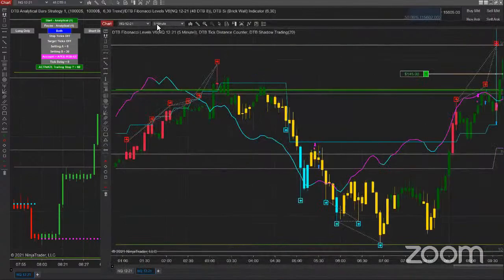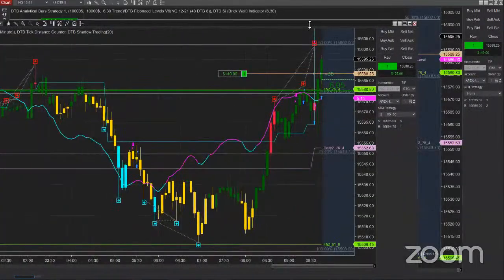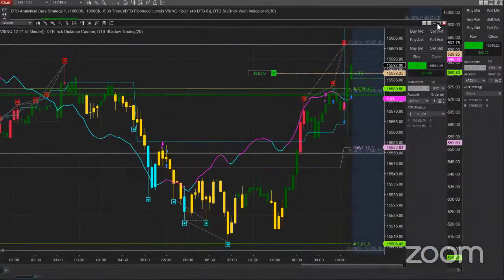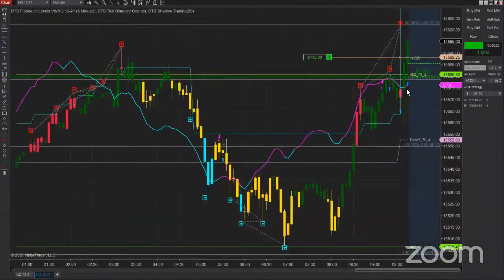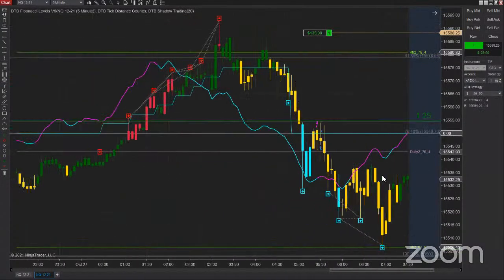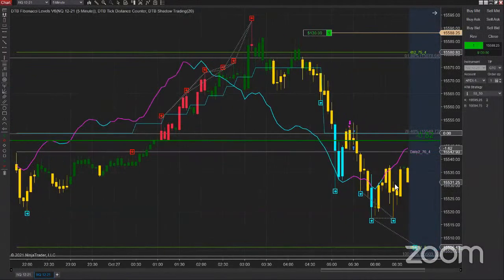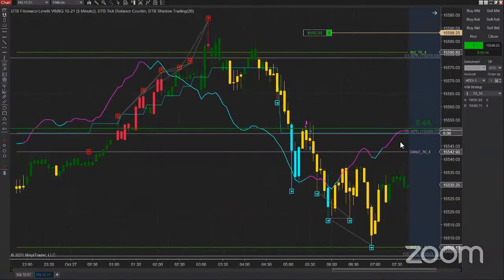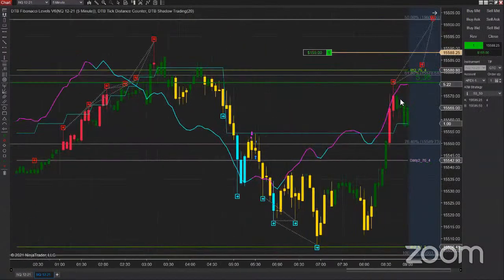When you're looking at the shadow trading indicator, the momentum line is very depictive of where price is more likely to go. Even though the momentum line is below the price, it's right up with the price. Unlike over here on the left, where it's deviated from the price. If you scroll back, you notice how the momentum line deviates from the price, and that acts like a magnet to pull the price up.